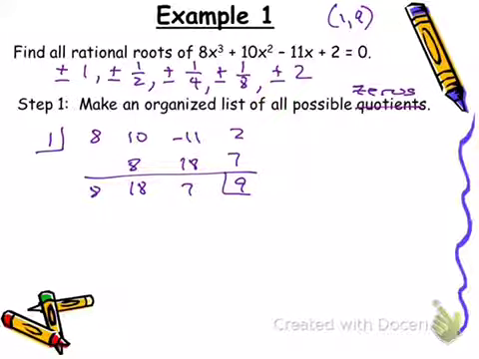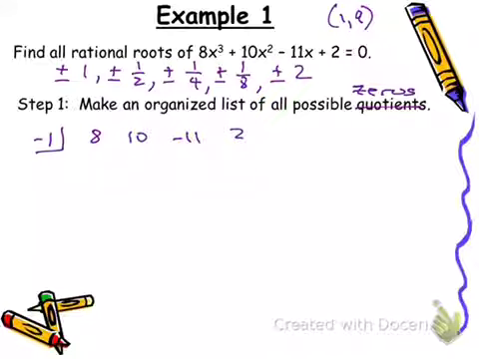Does 2 work? Oh, you don't know. All right, here, let's do -1. Let's just kind of go through our motions here. Now, 2 I would try next just because I'm avoiding fractions for now.